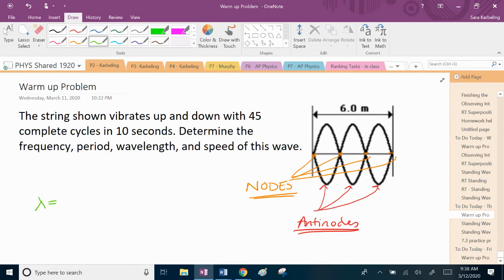Antinodes? Yeah. Okay. Did you guys catch what he said? So you're saying that the wavelength is 2 because there are 3 antinodes and there's a 6 meter length in there. The logic of that makes sense to me.